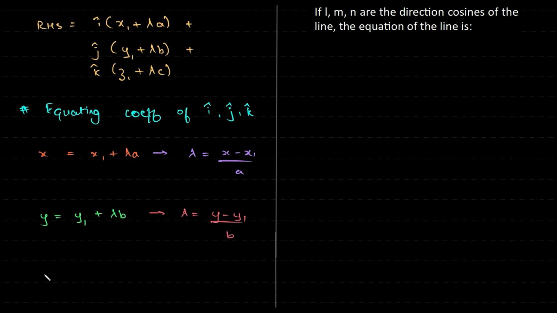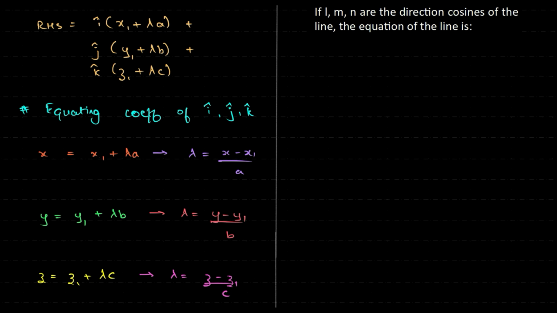And z is equal to z1 plus lambda c, so lambda is equal to (z minus z1) by c.